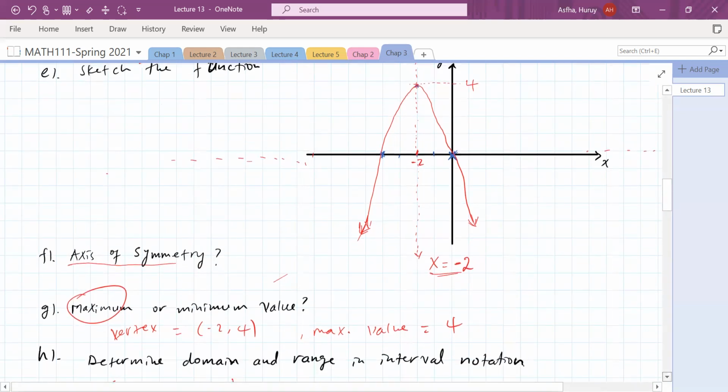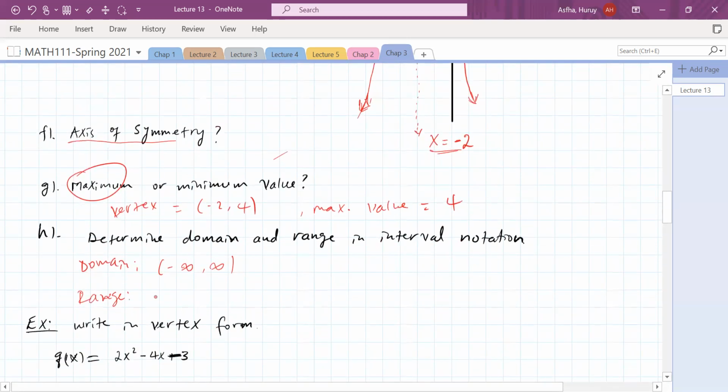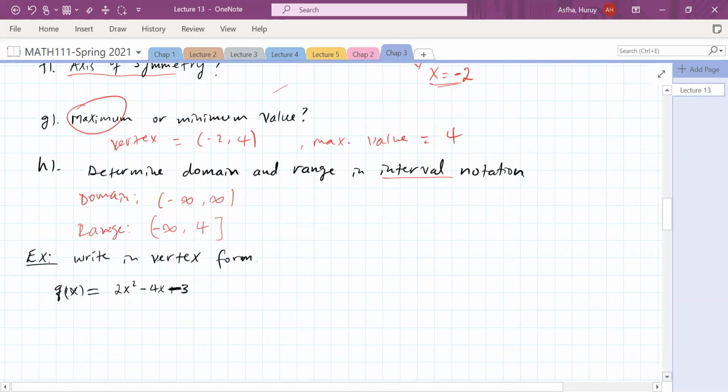Therefore, the range is from negative infinity to 4 inclusive. Here we have the domain and range in interval notation. Okay, so this is basically how we can determine all the behaviors of the graph of a quadratic function.